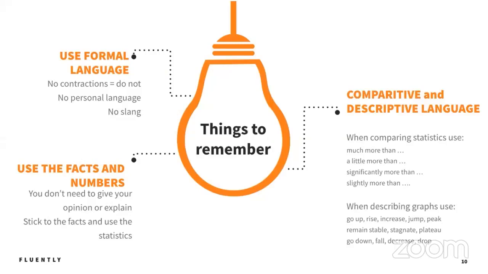Or if something goes down, we could use fall, decrease, drop. Again, these are just a few examples. There are more. But these words are so that you can use alternatives. So you don't always say increase and repeat that word many times in your writing. You want to try and use lots of different words to really show off to the examiner what you can do.